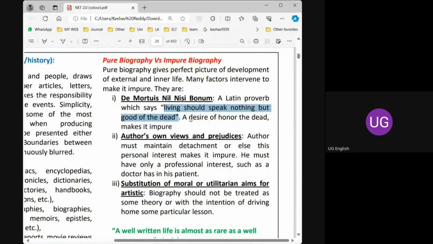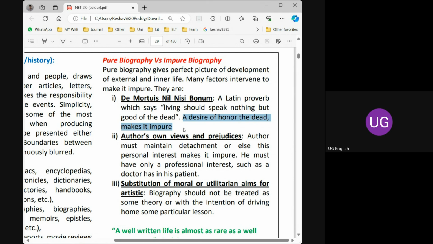This desire is an honor for the dead. So we want to honor the dead person, and that will make the pure biography impure.